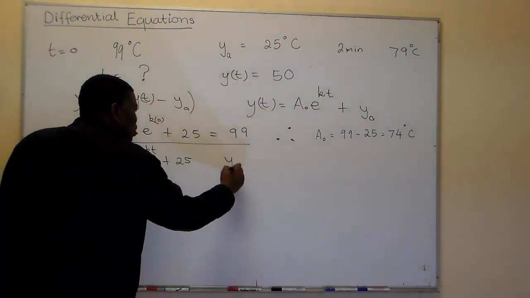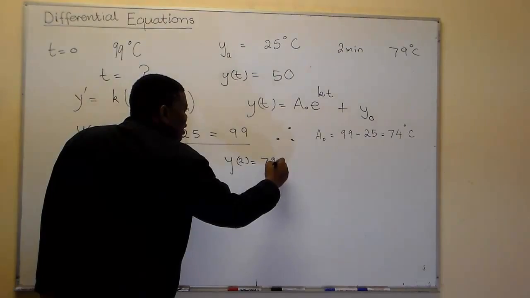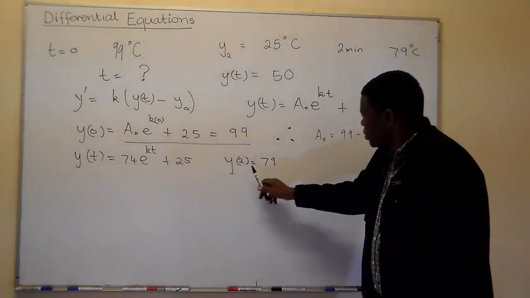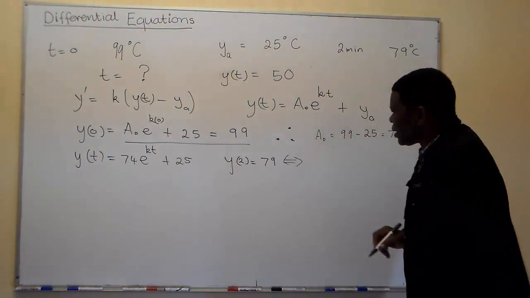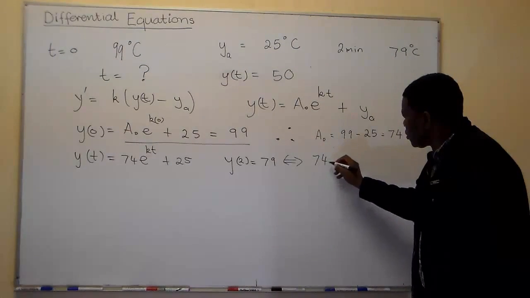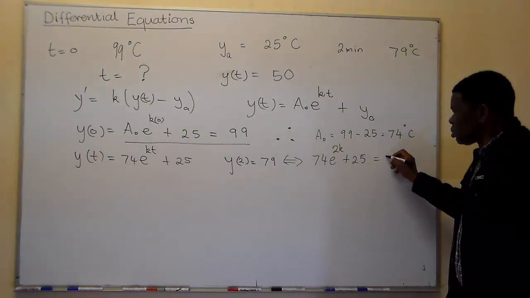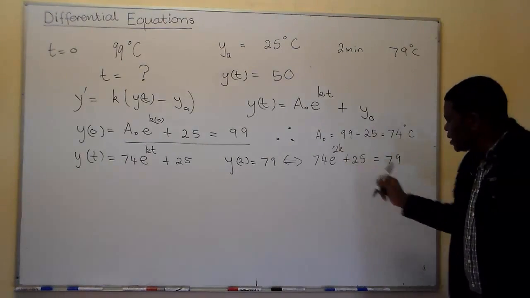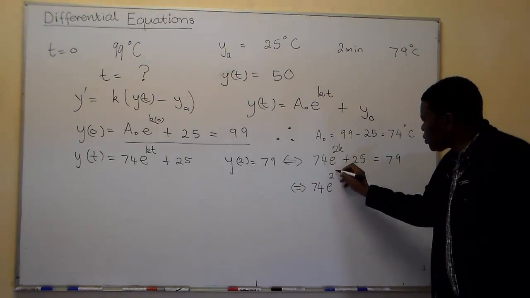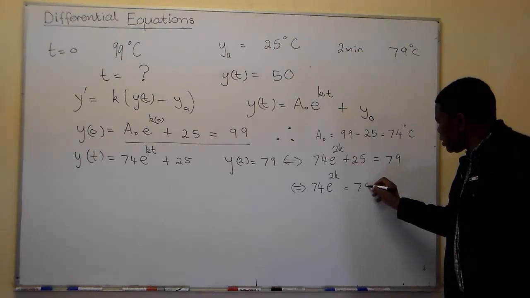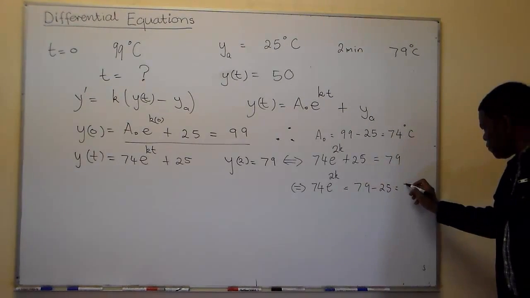So we say y at 2 equals 79. Evaluating the function at y of 2 equal to 79 is equivalent to saying 74 e to the power 2k plus 25 equals 79. Simplifying, 74 e to the exponent 2k equals 79 minus 25, which equals 54.